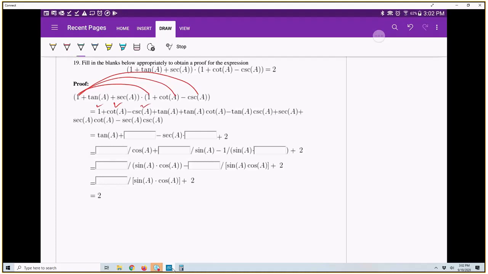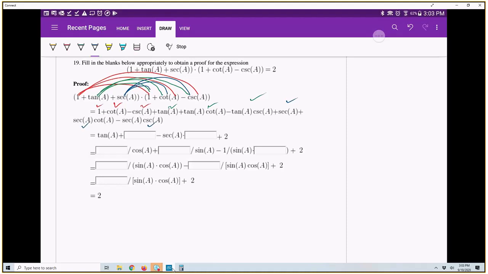Then you distribute the tangent, so you get tangent, tangent times cotangent, tangent times cosecant. Finally, I have to distribute the secant, so I will get secant, secant times cotangent and secant times cosecant. That's just distribution.